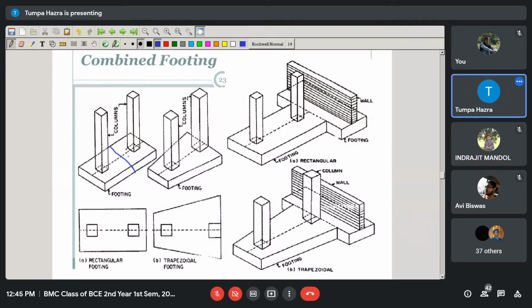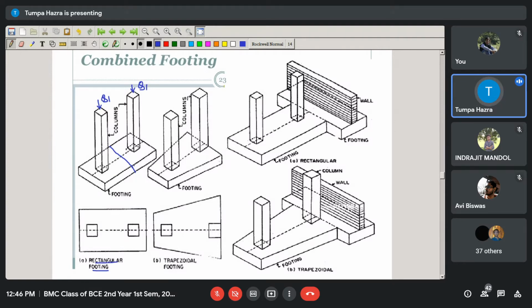These combined footings are of two types. One carries the loads of columns carrying the same load. Here the loads carried by the columns are the same, q1 and q1. So this type of footing is a rectangular combined footing.